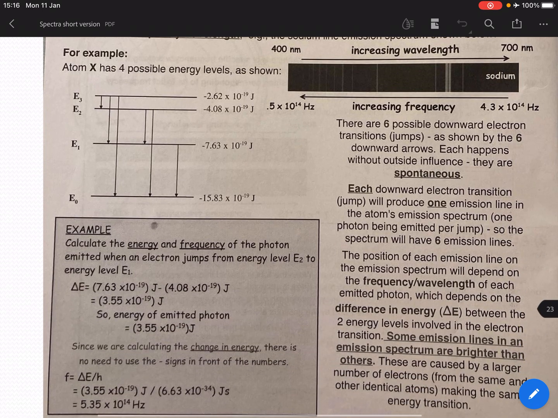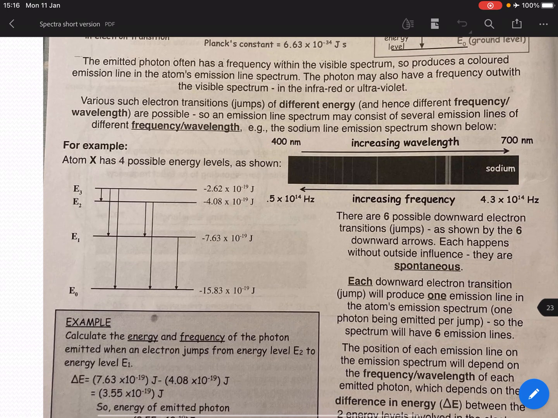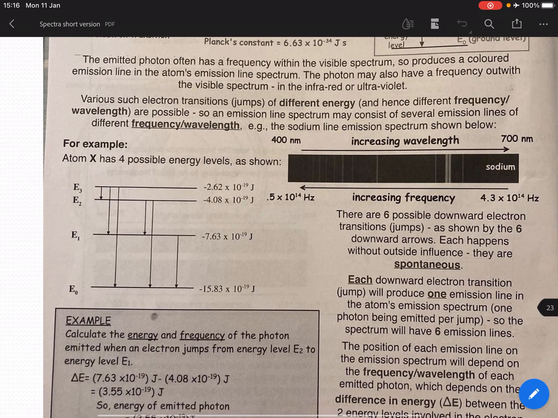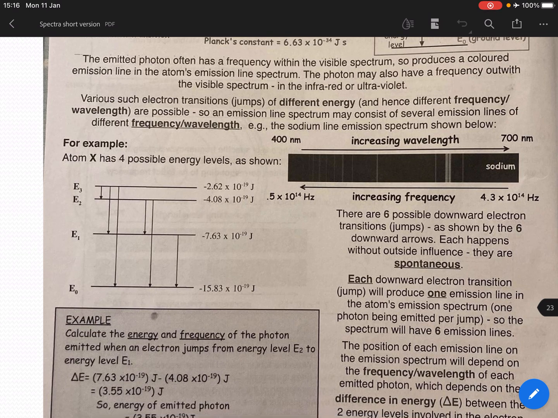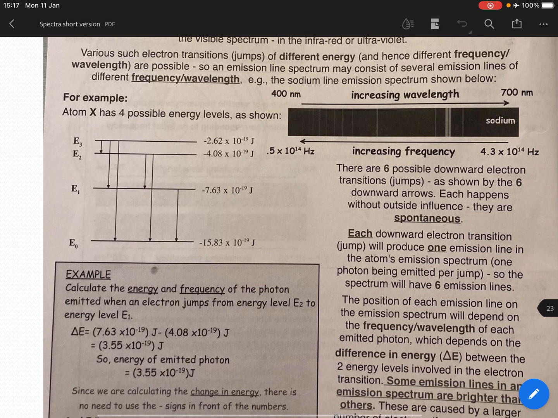Now what that means is that for that particular element, the example there, they're showing sodium, but I don't think that's necessarily meant to be sodium in the diagram.